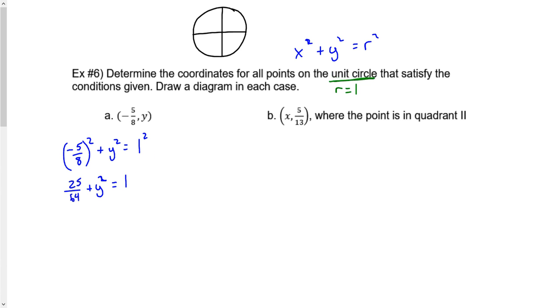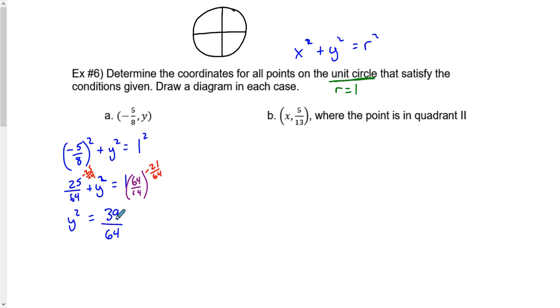I need to try and get my y squared by itself, so I'm going to need to actually get a common denominator over here right away. And I'm going to subtract that 25/64 over. Which comes out as, should be 39/64.